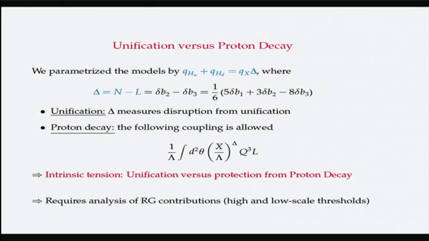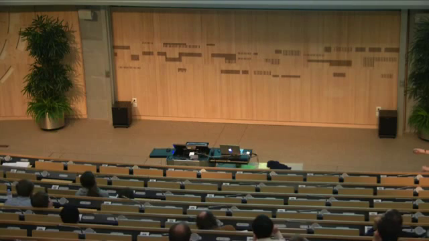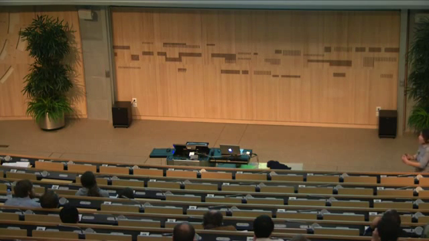This stuff we would like to have hugely suppressed. On the other hand, this also measures how far we are away from having a running that's almost like a GUT multiplet running. Right? So delta measures both the disruption from unification, but also what type of operators are still allowed. And there's a tension here, right? On the one hand, we would like to have this to be small.